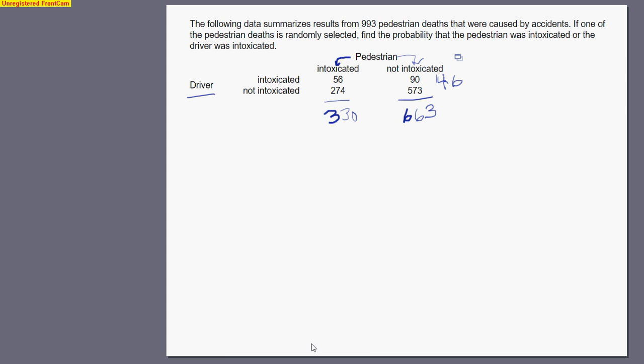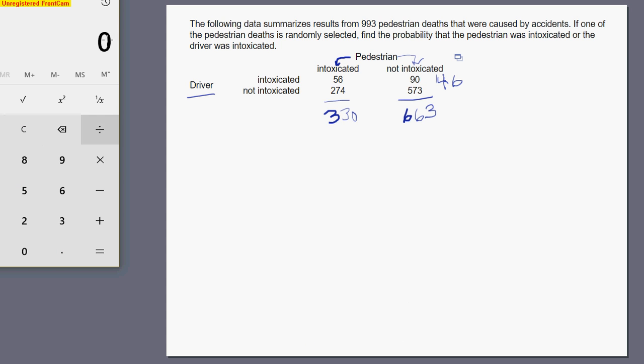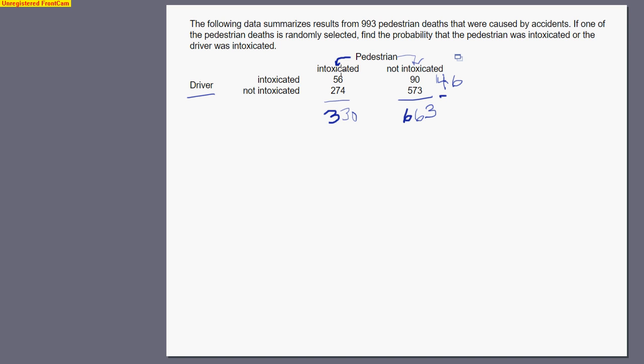And lastly, the final group, 274 plus 573 seems to be our biggest group, 847 not intoxicated, which is good. It shows that most deaths still are caused by other causes.